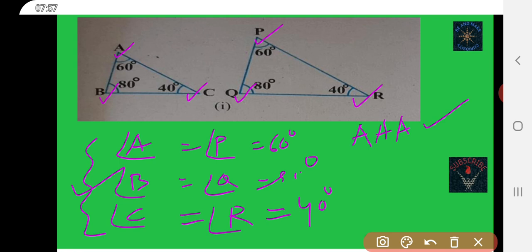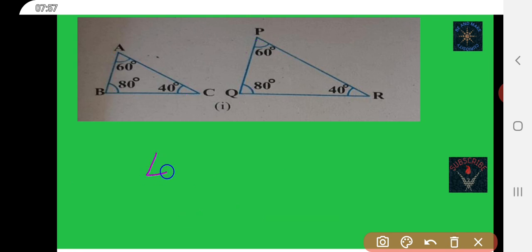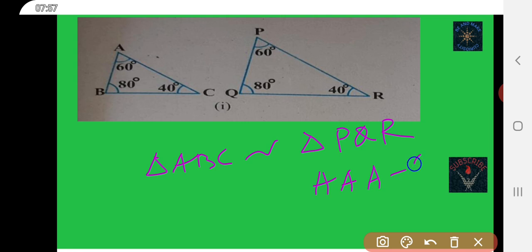So triangle ABC is similar to triangle PQR, by the AA similarity criterion.